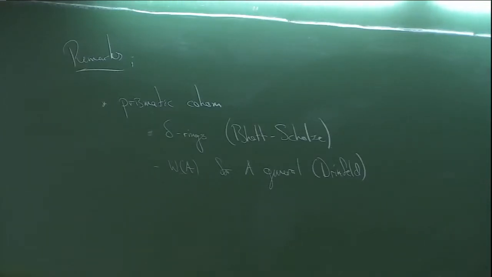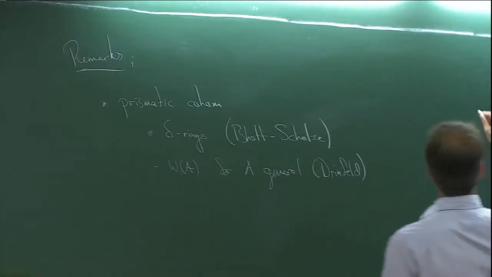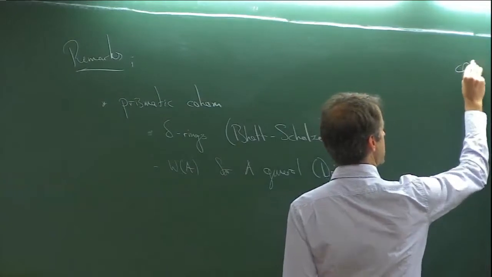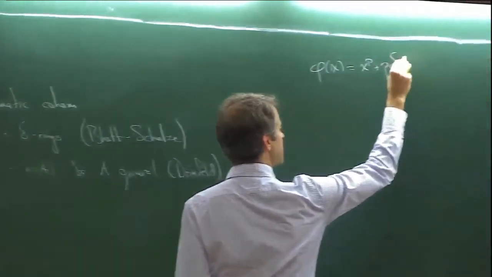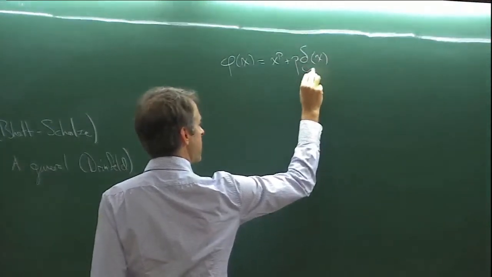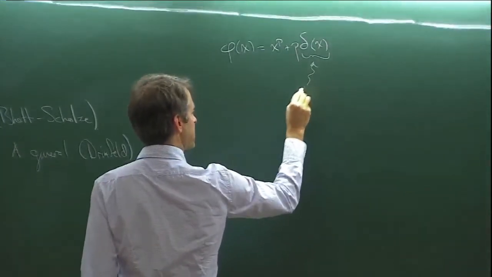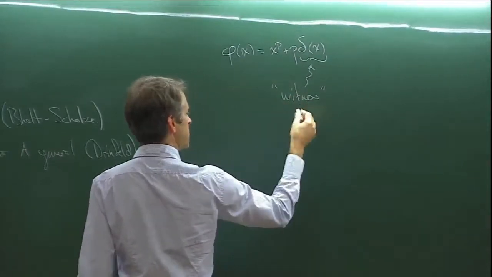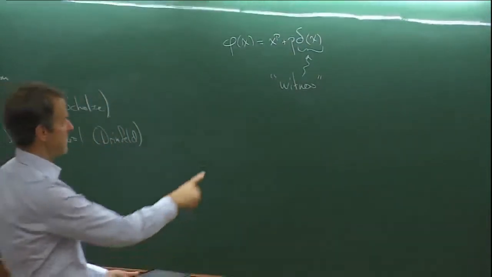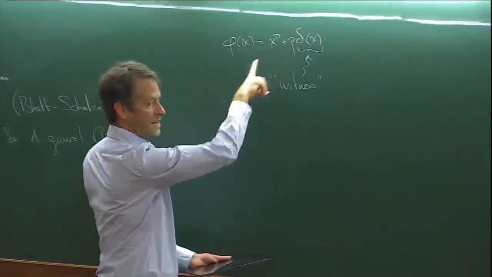One thing I should have said is that remember, phi of x is x to the p plus p times delta of x. You might say that delta of x is a witness to phi being a lift of Frobenius.